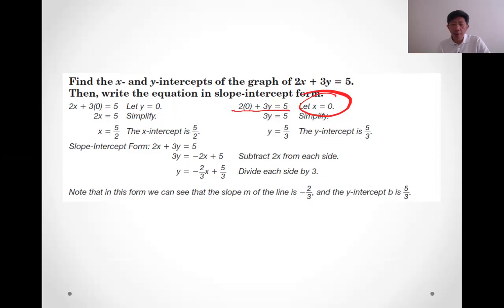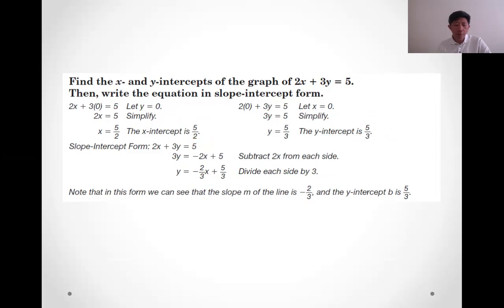Therefore y equals 5/3, which is the Y-intercept, all right?